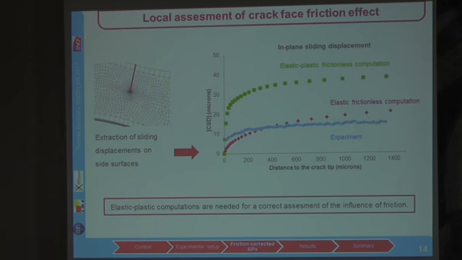And if we do so, we are unable to separate those two effects on the experimental curve, whereas by performing elastoplastic frictionless computation, we can evaluate the effect of friction, which will be the difference between the computed curve here and the experimental curve here.